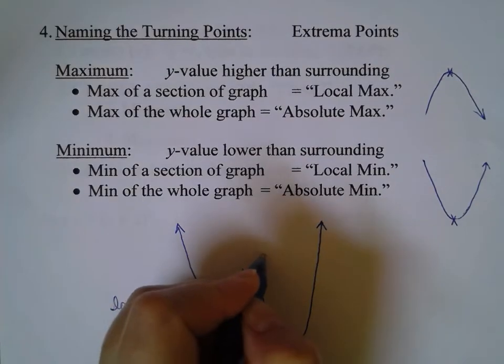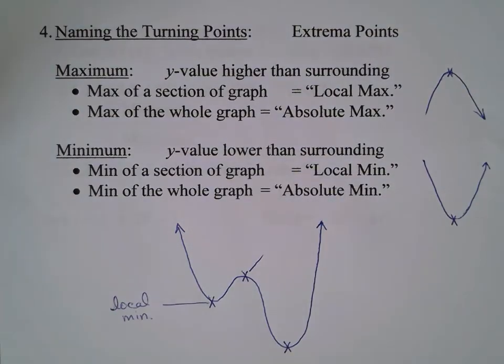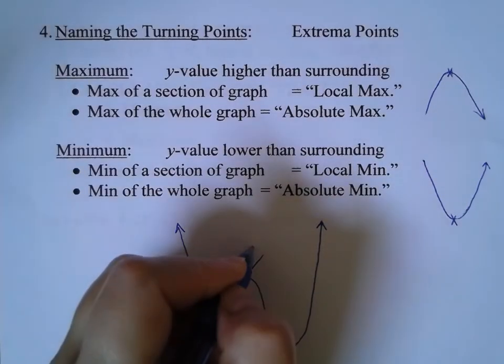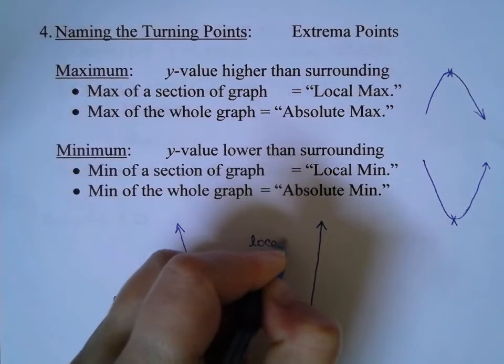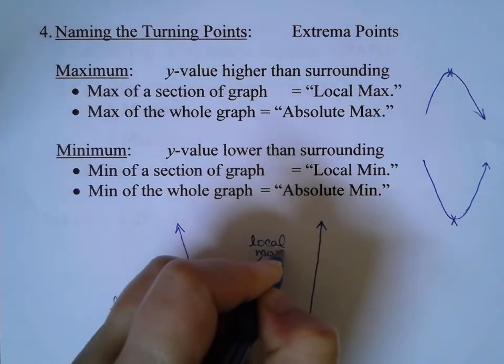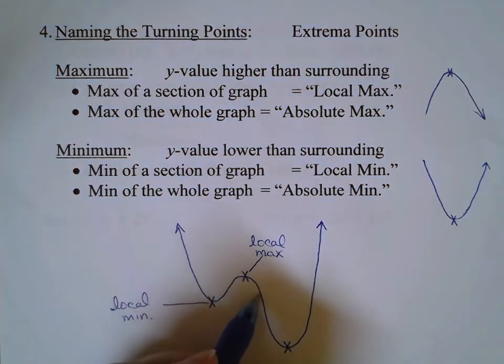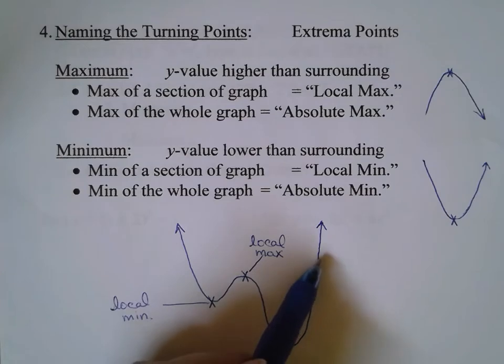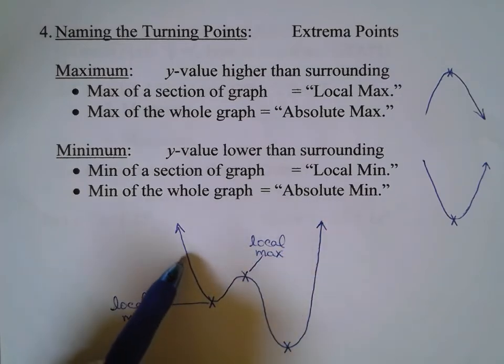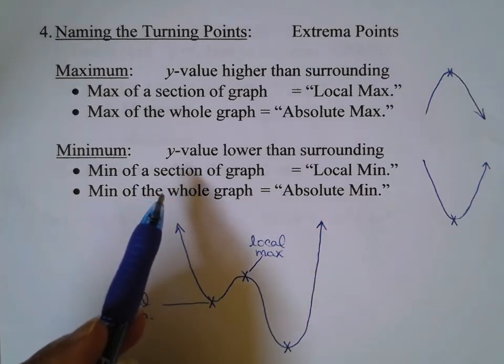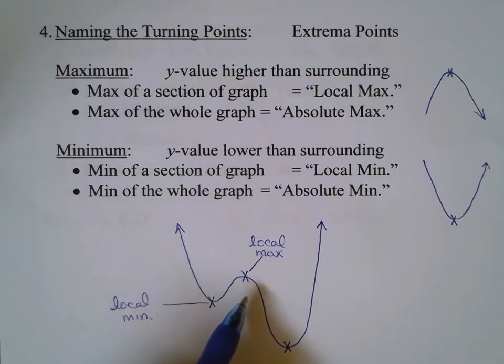Okay, what about this one in the middle? It's a maximum. Is it local or absolute? This is a local maximum. It's a high point right at the top of this hill, but there are points at the ends of the graph in particular that are higher, that are going to go on to infinity. So it's not the highest point.